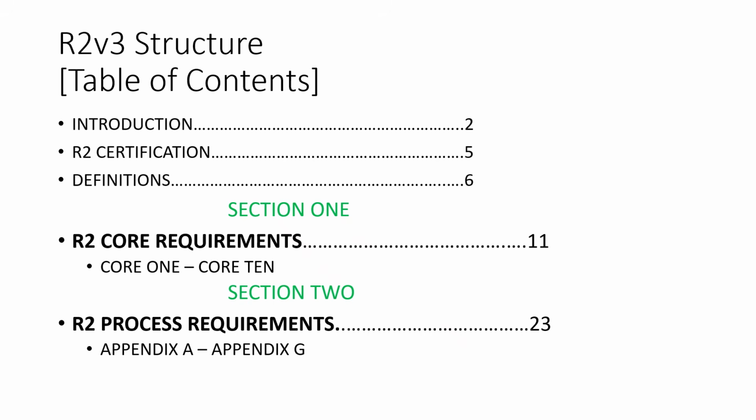There are currently 7 different process requirements, or appendices, listed alphabetically from Appendix A through Appendix G, all of which will cover a different type of specific process for management or a specific type of equipment being managed. When we are audited for certification, we will be audited against all 10 core requirements as well as the applicable process requirements contained within Section 2.